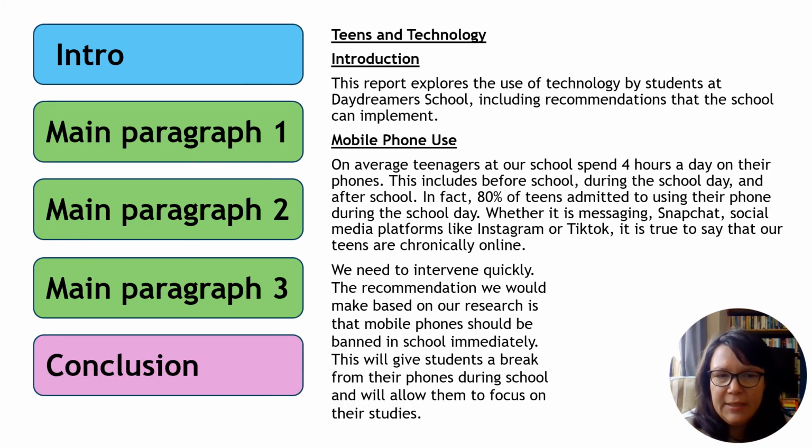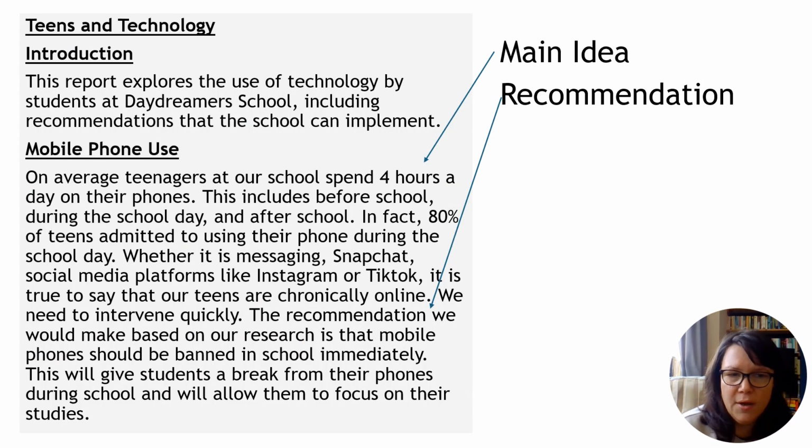We need to intervene quickly. The recommendation we would make based on our research is that mobile phones should be banned in school immediately. This will give students a break from their phones during the day and will allow them to focus on their studies.